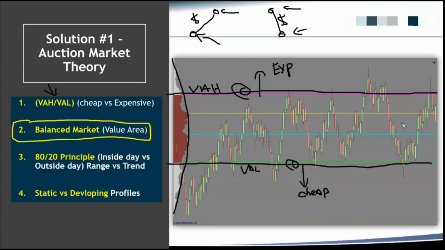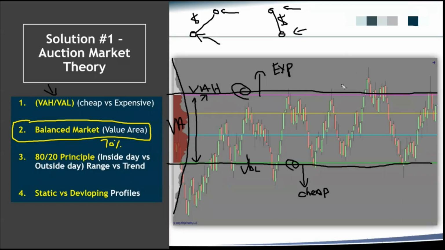First of all, it's important to understand that everything inside the value area, this is the value area between here and here. So everything from here to here consists of 70% of the volume of the market.